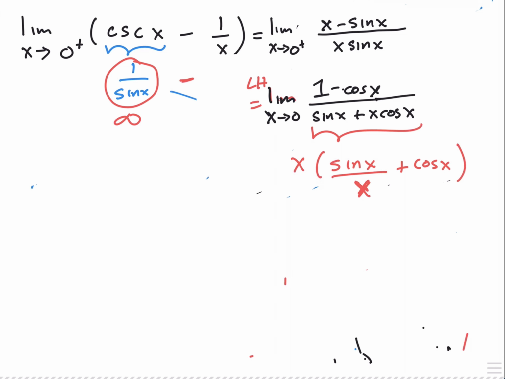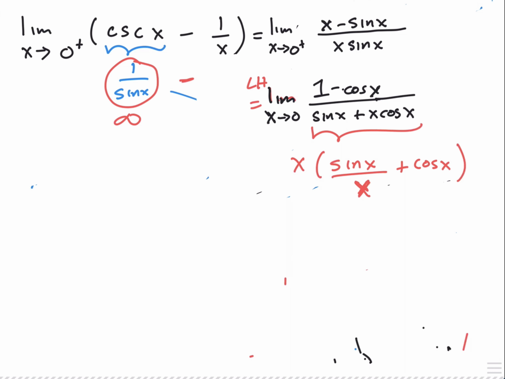Is that helpful? I don't know if that's helpful. Sine x over x is 1. Well, let's see.